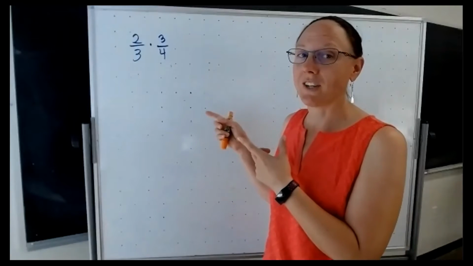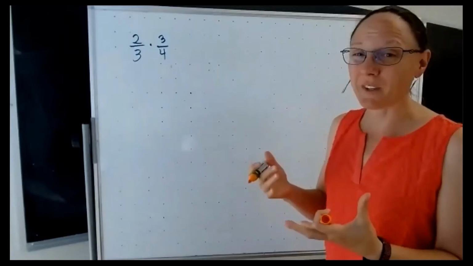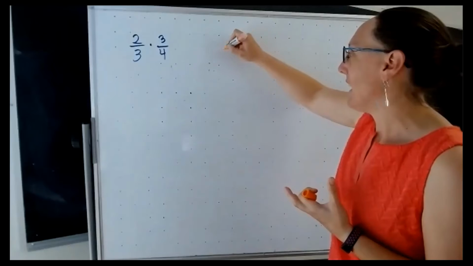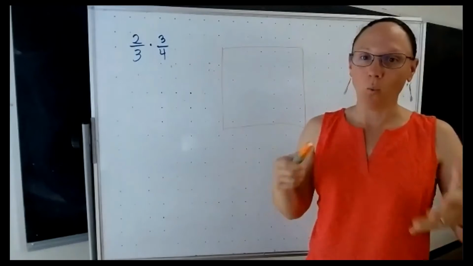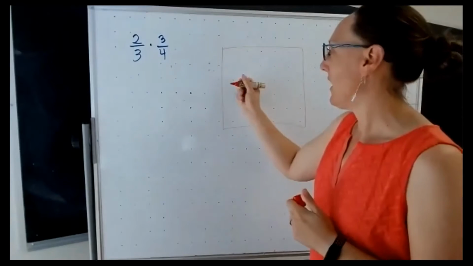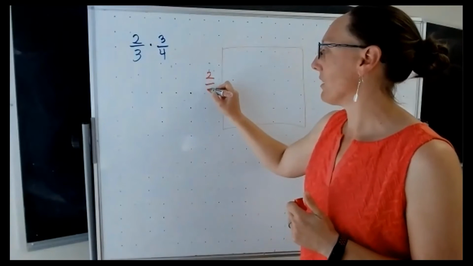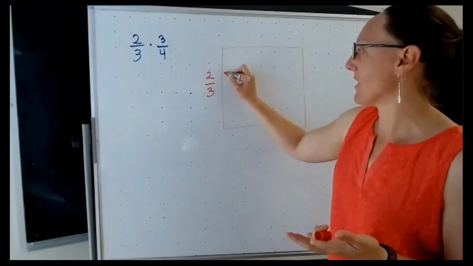When we go to multiply fractions, like 2/3 times 3/4, what this is really saying is if I took one whole thing and I took 2/3 of it, that means I'm going to cut it into thirds in this direction.